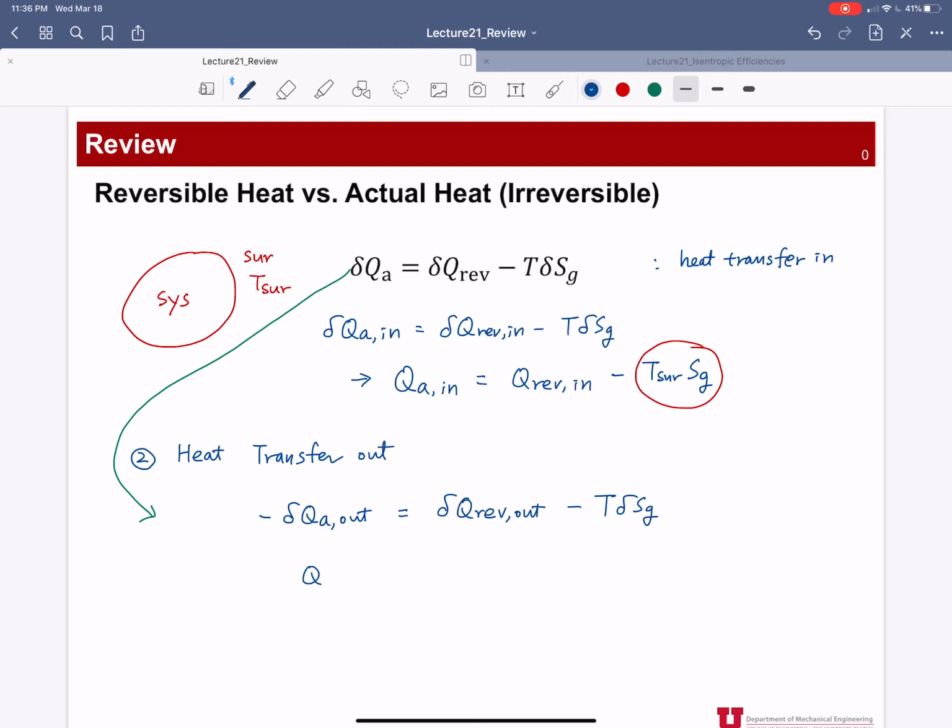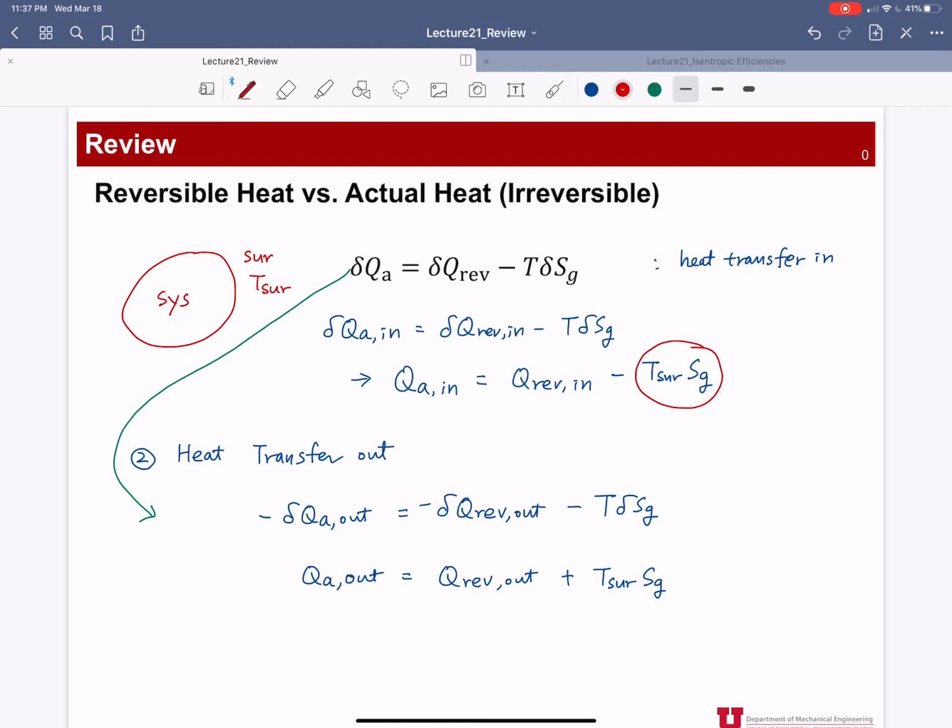Or in total formulation, the total amount of heat transfer for the actual process out equals, and here we have to put the minus sign again, minus the reversible heat transfer out plus T surroundings times total entropy generation.